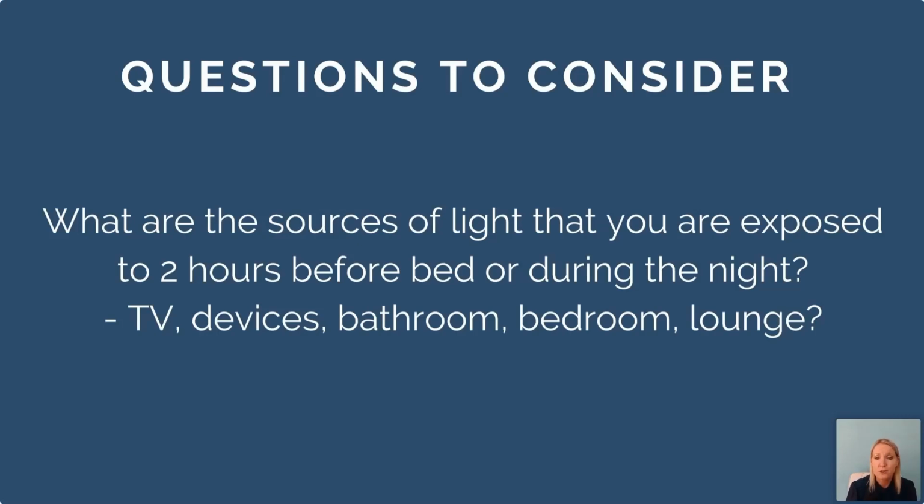So let's stop again and consider a few questions. Get out your workbook. So what are the sources of light that you are exposed to 2 hours before bed or during the night, okay? Do you watch TV? Do you get your phone out? Do you go to the bathroom, when you're brushing your teeth or when you're having a bath or a shower?